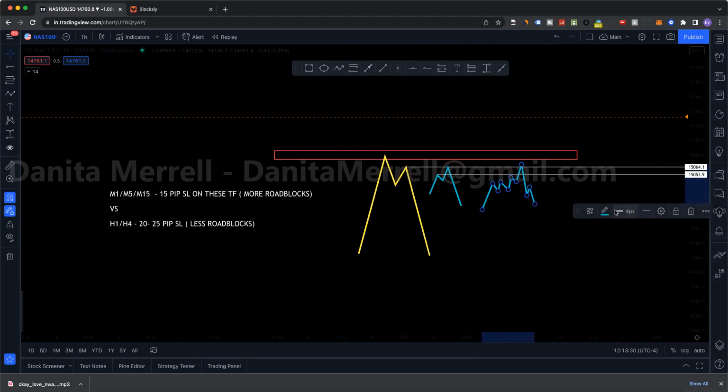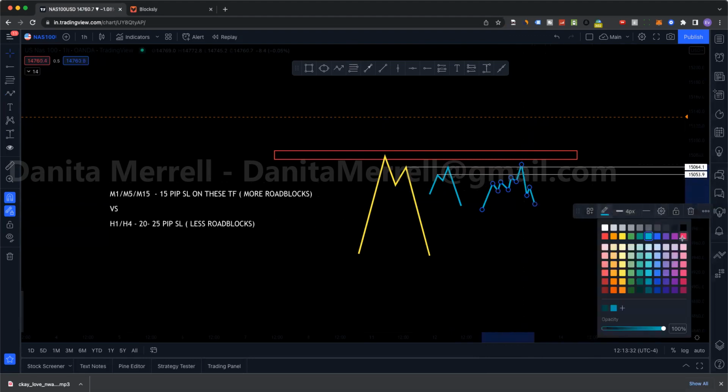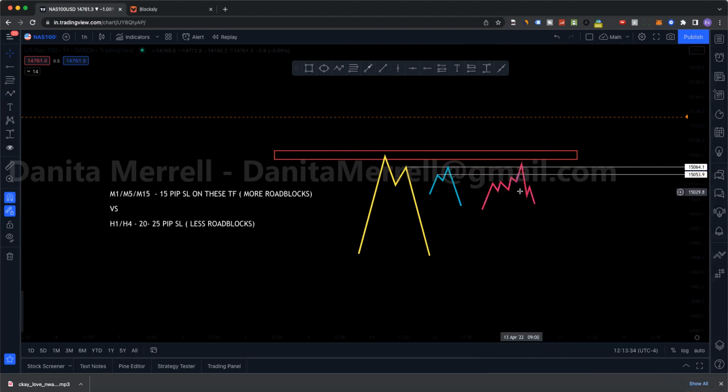And let's just say this is H1. Okay, and let's say you have another QM here, or you have a support resistance zone here, right? Then you can drop down to M15, right? Because let's say the stop loss is too big.